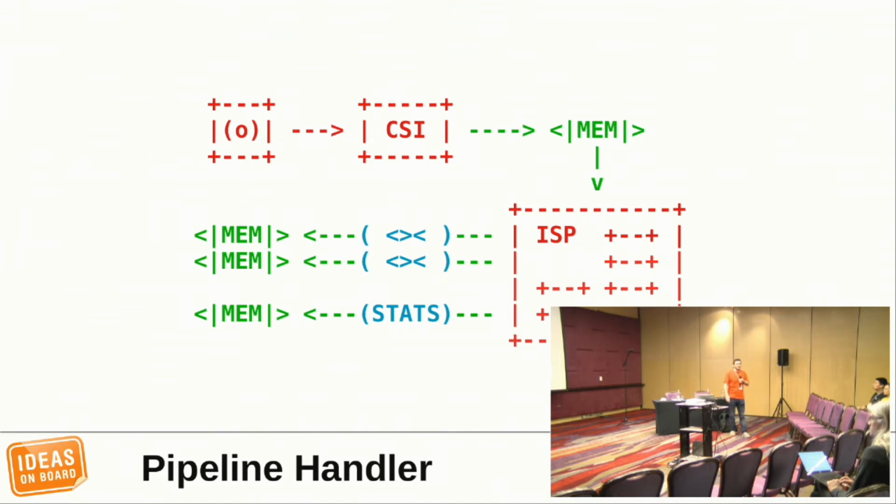It's up to the pipeline handler to set the device stream up for the capabilities of the platform. And it will normally use the hardware's CSI or input stream, and that will often go either to memory and then to an ISP, or it might be direct pipelining in the hardware.